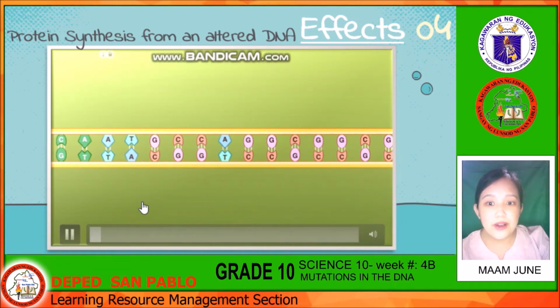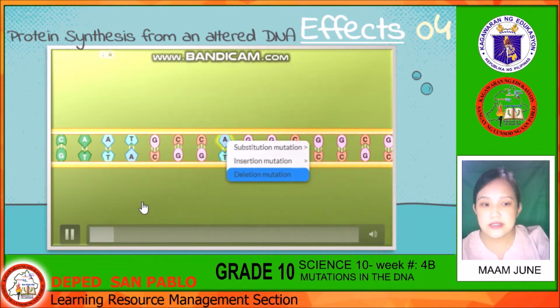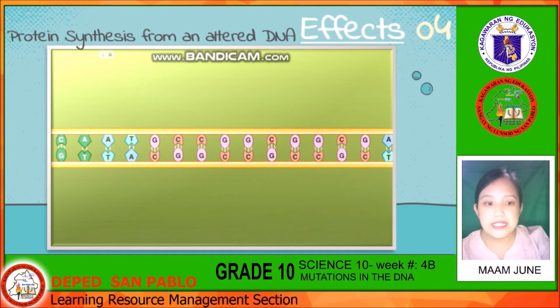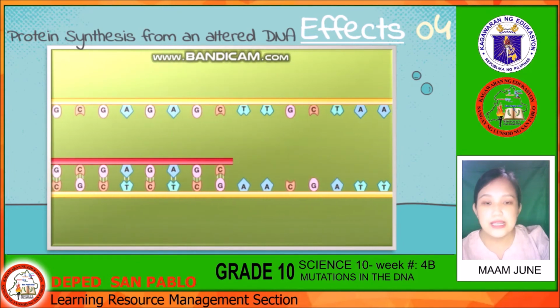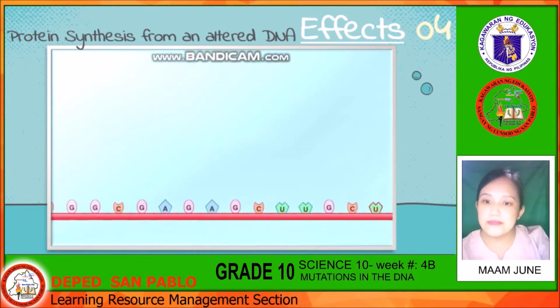Remember some possible causes of mutations. When the adenine thymine base pair is removed, transcription and translation continue accordingly. See now how the protein made looks.